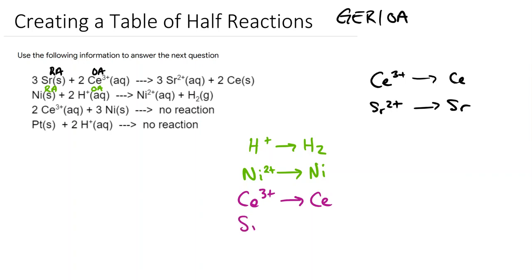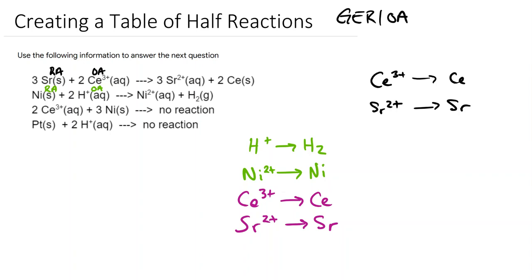Strontium is. So strontium 2 plus is below cerium. So hopefully this makes sense. Let's go back. Cerium 3 plus and nickel should make a non-spontaneous reaction. And they do. Okay, no problem. So far that makes sense.